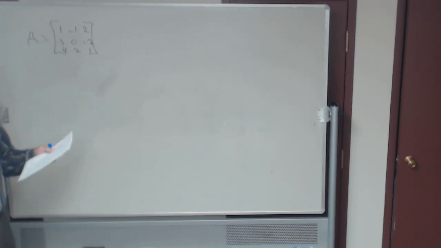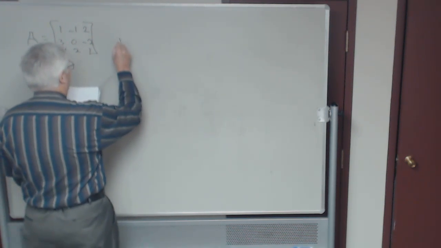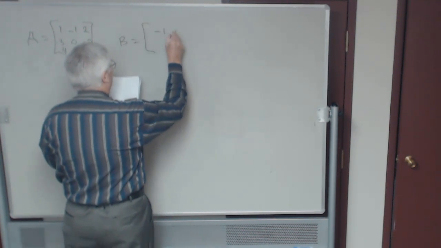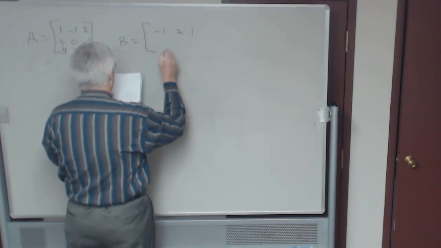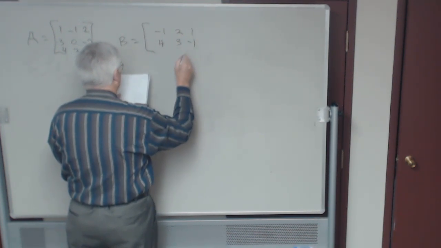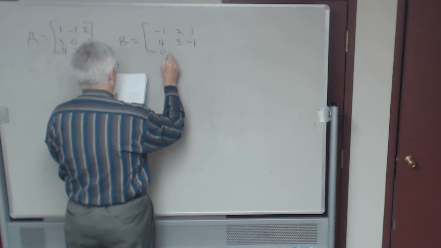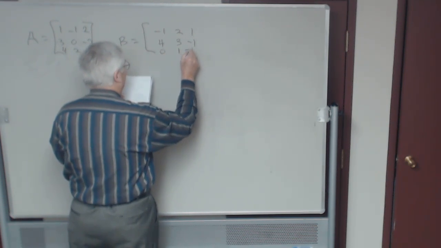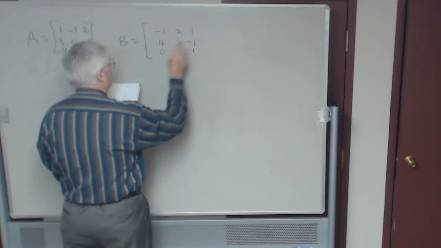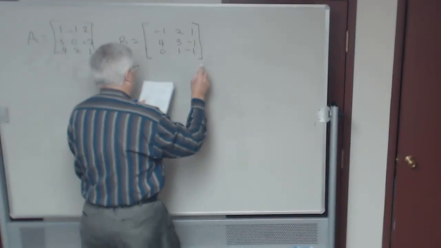Because you're kind of getting them in your head. And B, what's B? Negative 1, 2, and 1. It's even helping you fix in your head, just copying them over like this. 0, 1, negative 1. And what's C?